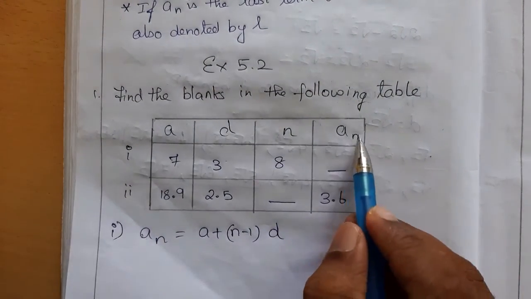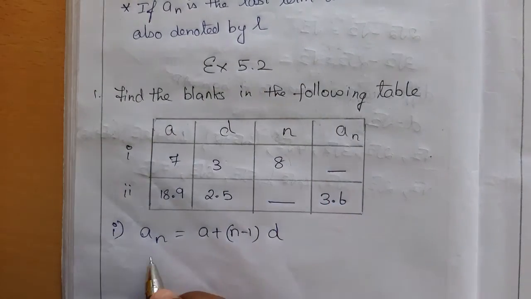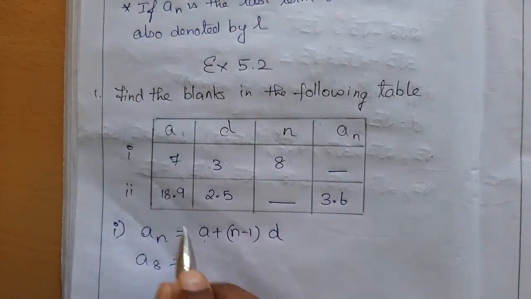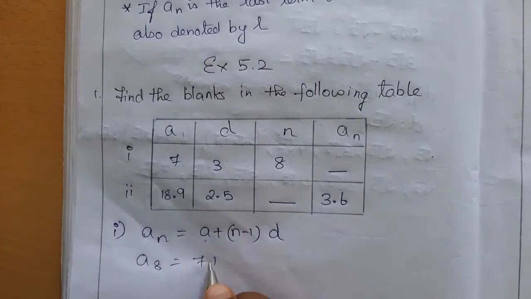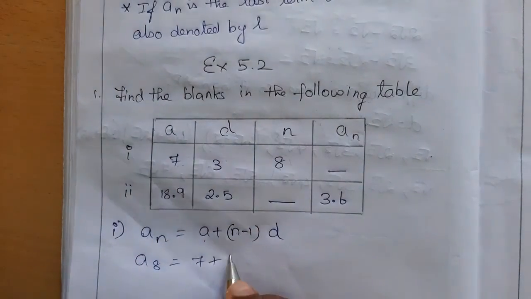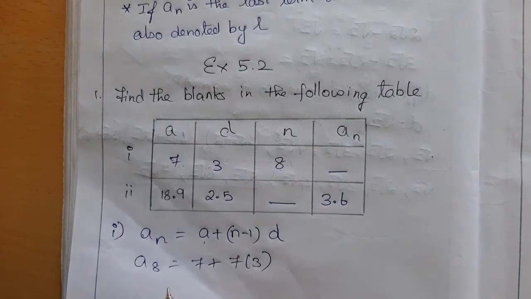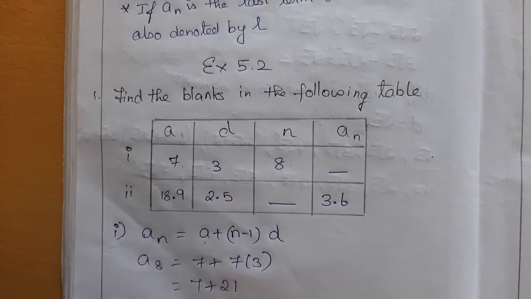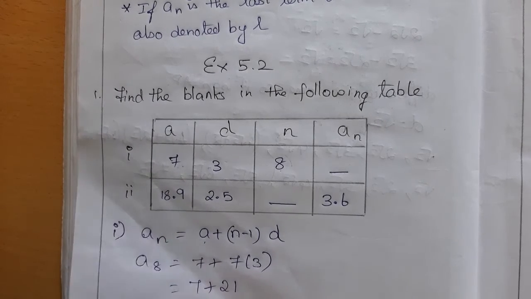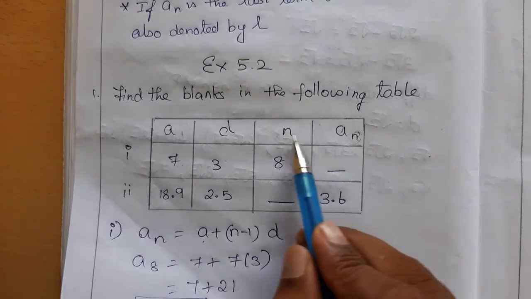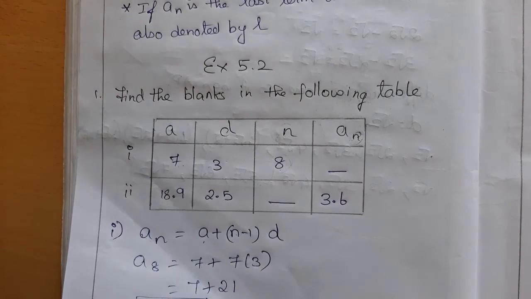Here n is given as 8. So A8 is equal to a, which is 7, plus n, which is 8, so 8 minus 1 is 7, into d, which is 3. Clear? So 7 times 3 is 21, and 7 plus 21 is 28. So A8 is 28. Here n is 8, so we are substituting 8.